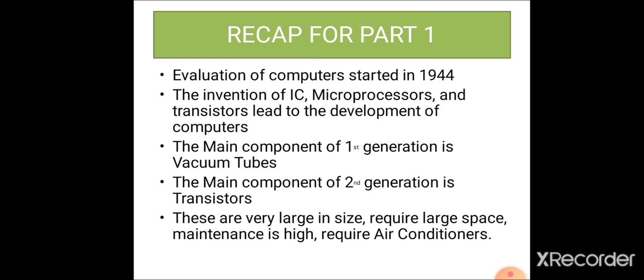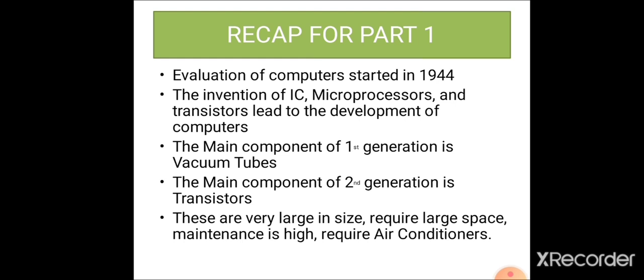The main component in the first generation of computers is vacuum tubes, and the main component in the second generation is transistors. Both these generations of computers are very large in size. When they are large in size, they require large space, and the maintenance of these generations of computers is also high, and they do require air conditioners for processing.